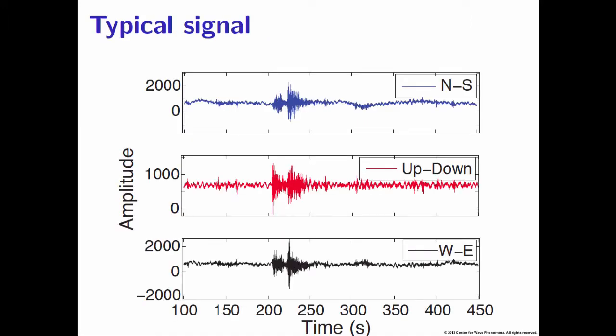This is the typical signal that was recorded from the explosive signal, showing the three different components we are working with. The dominant signal is the explosive signal.